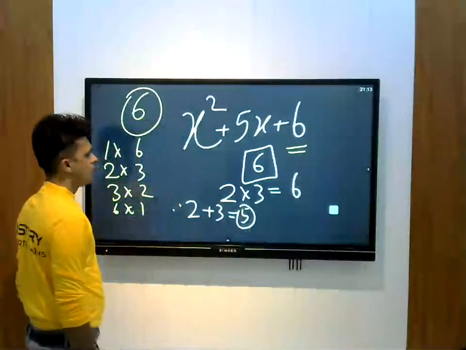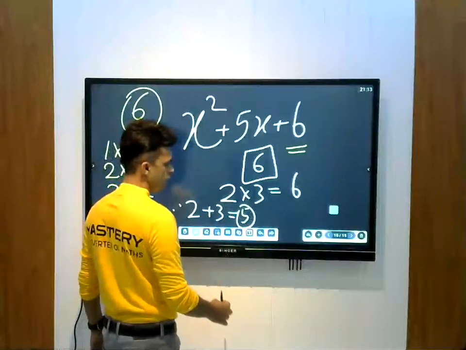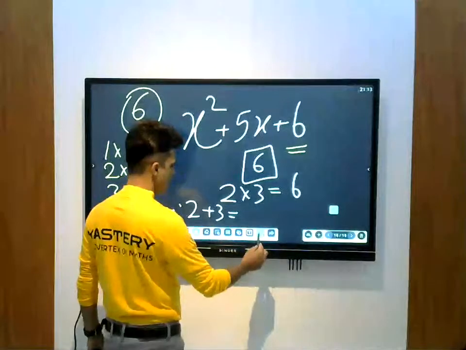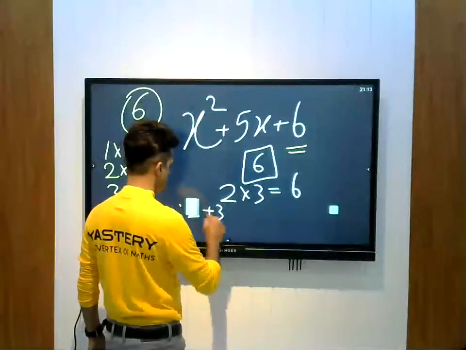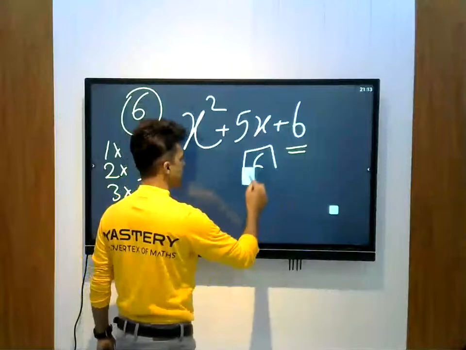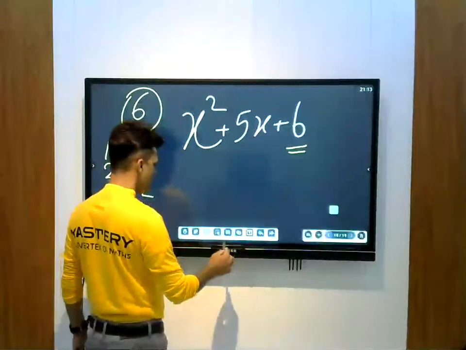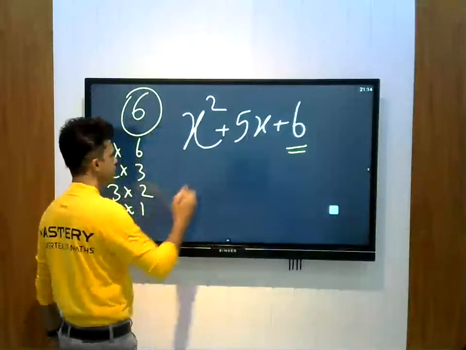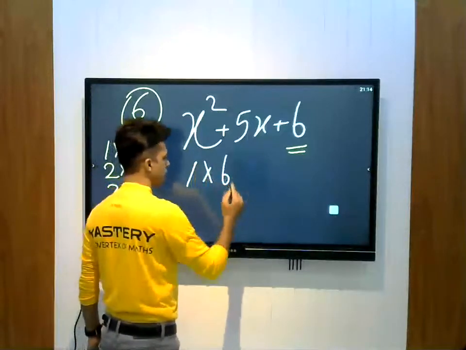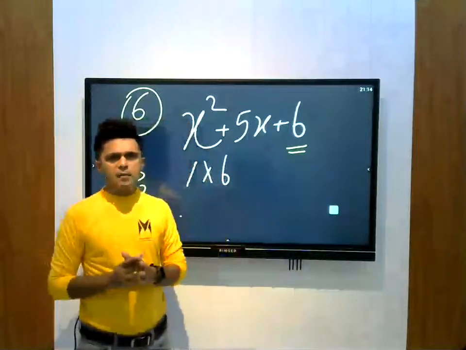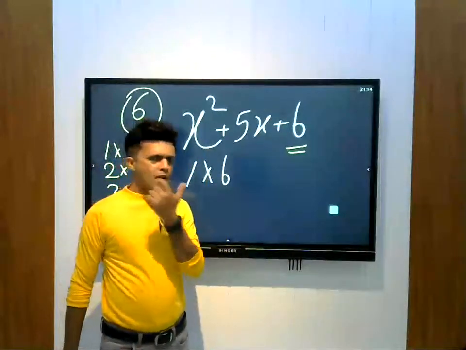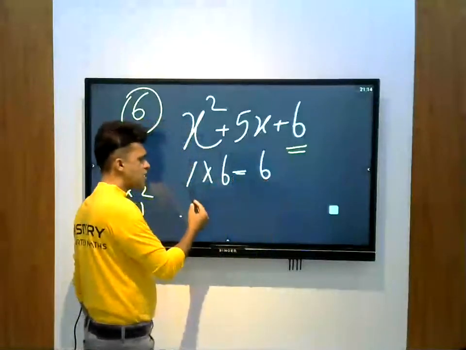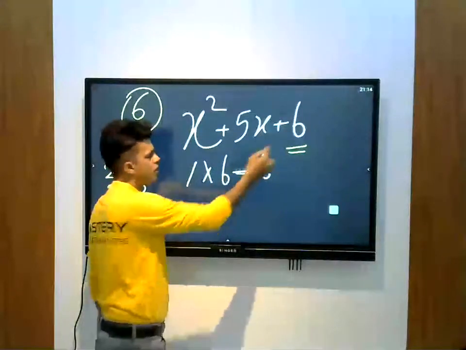Let's consider the other factors. Here we are able to get 1 times 6 as well, right? 1 and 6 can be taken here. 1 is a factor of 6, and 6 is a factor of 6.